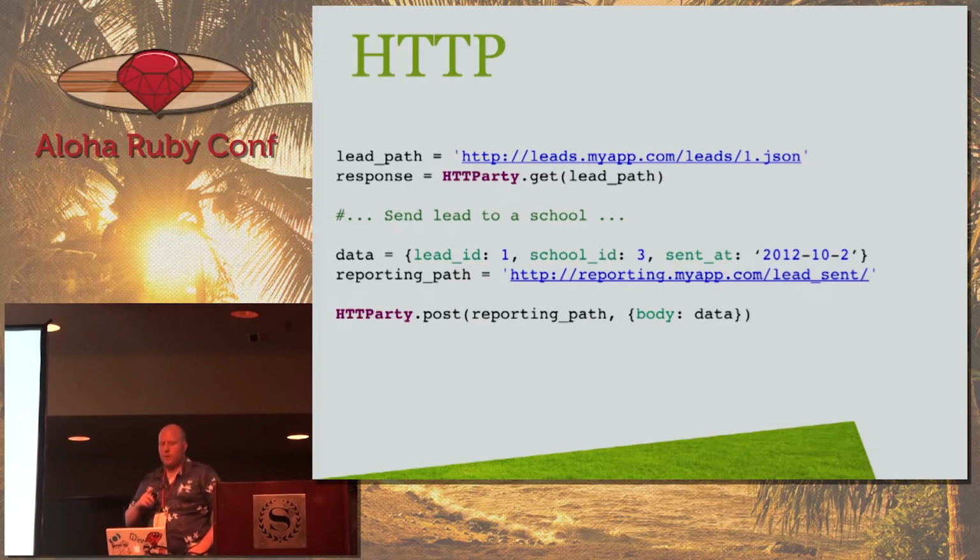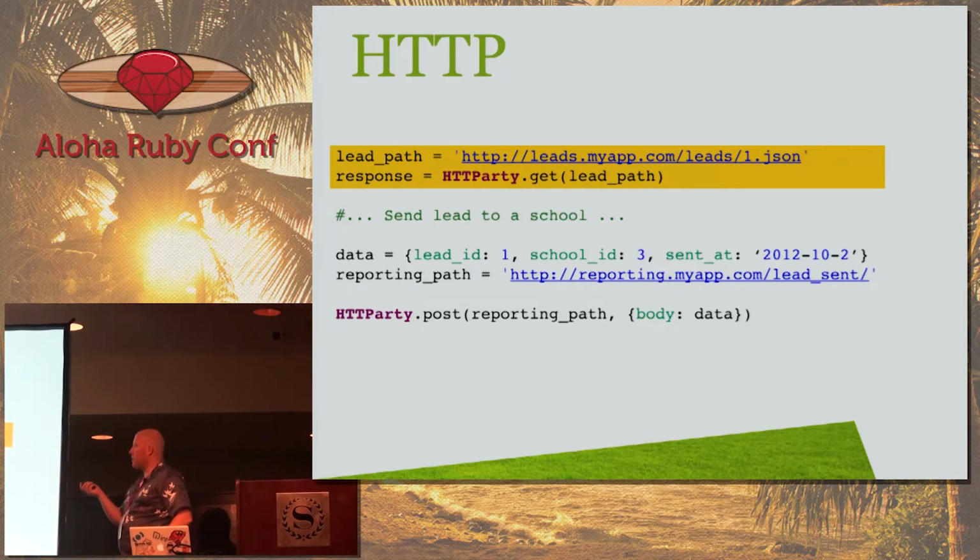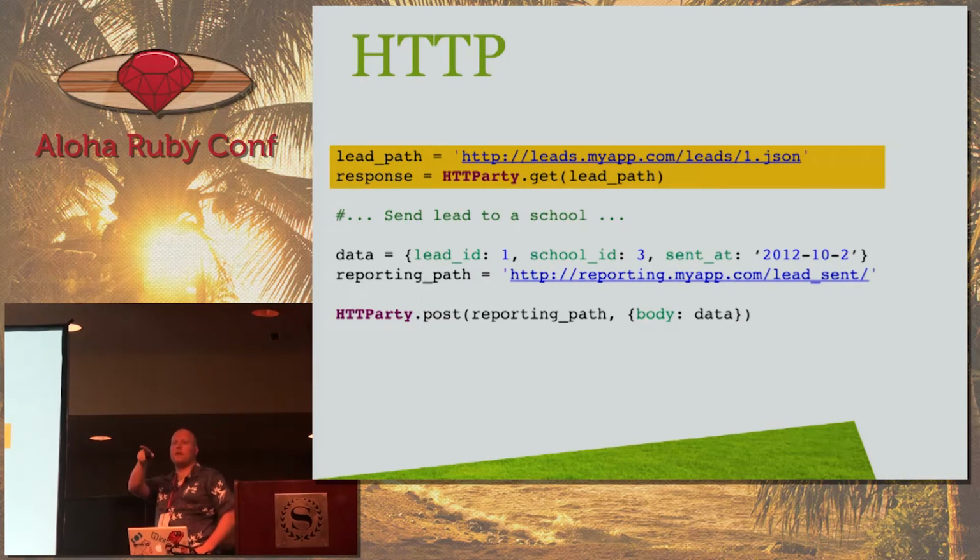So anyway, here's some code for HTTP. This is basically something where we read the lead from. So this is the path to get a lead. It's pretty standard. You can see it's just a path. Can you read it in the back? I just want to make sure. Yeah. So it's a standard Rails type route.